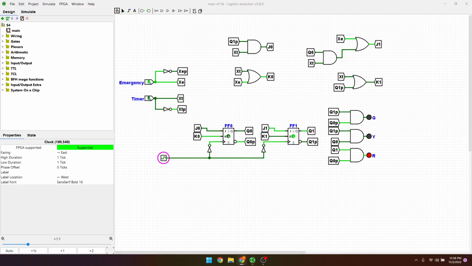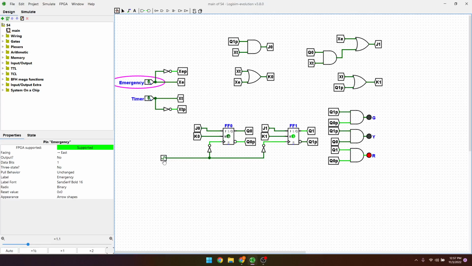Alright, so let's go ahead and look at the circuit. So say that we're at a red light here. That's the current state of our circuit. And our timer is low, and our emergency light is low.